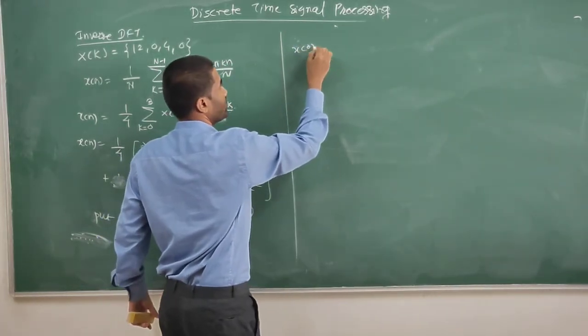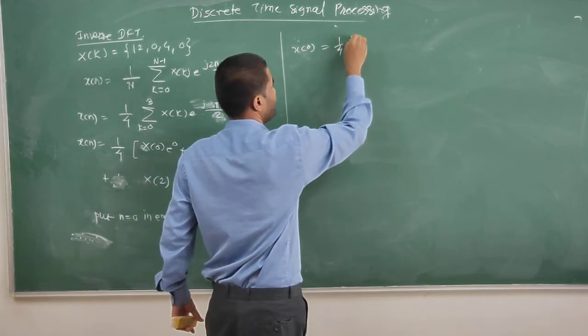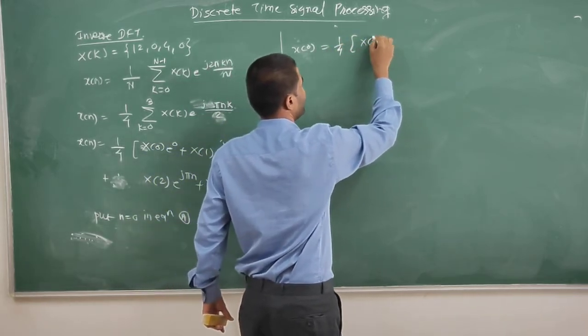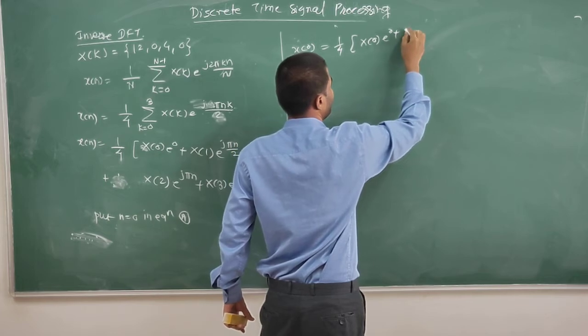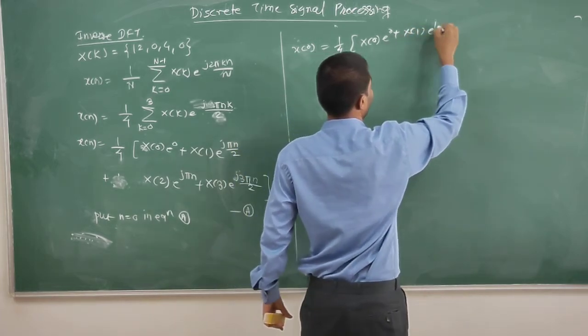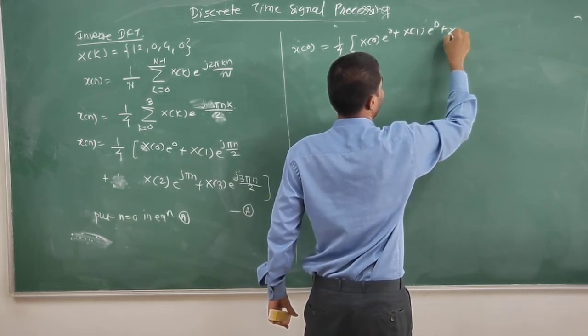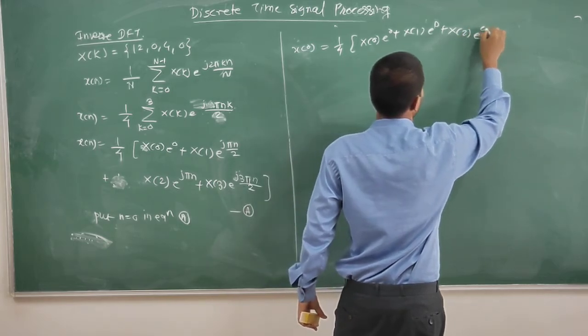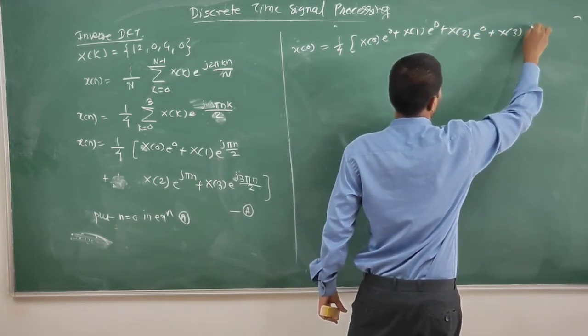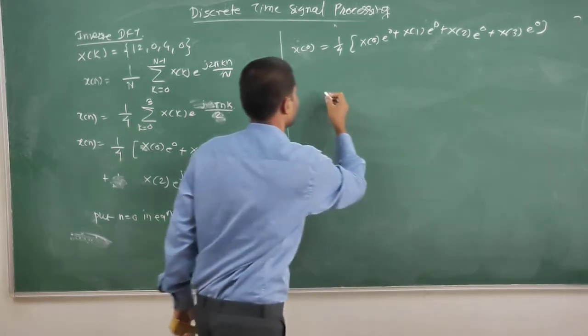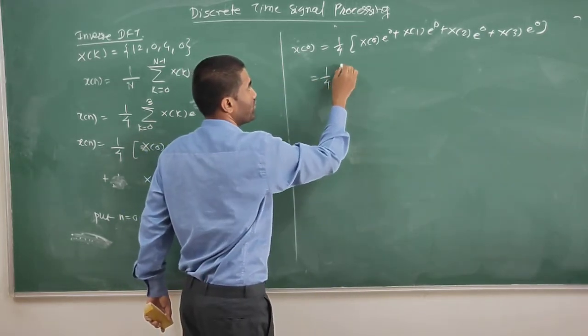x of 0 is equal to 1 by 4 as it is. x of 0 e raised to 0 plus x of 1 e raised to 0 plus x of 2 e raised to 0 plus x of 3 e raised to 0. Okay. So again I will expand this in 1 by 4.